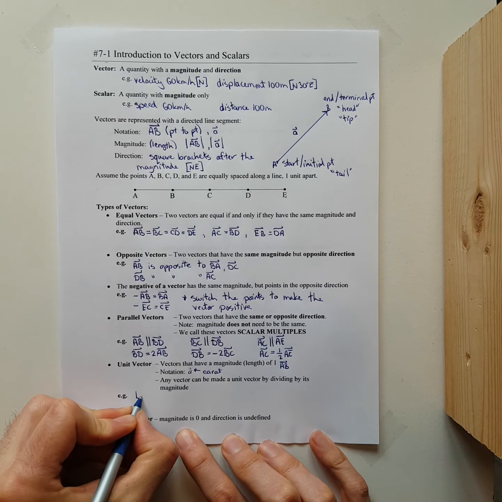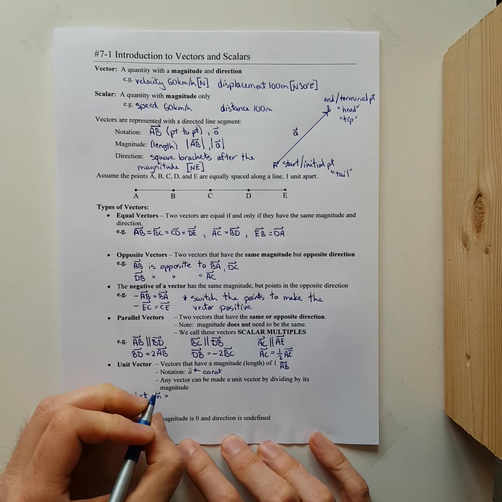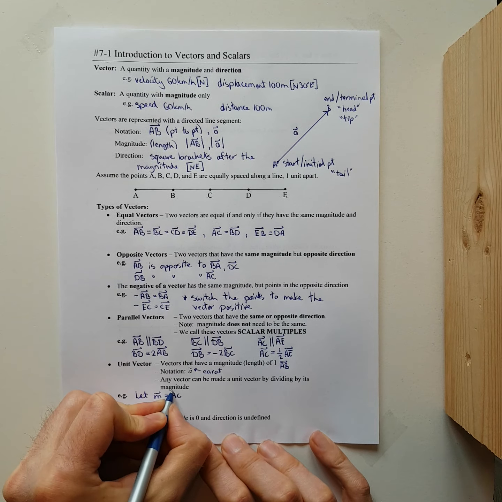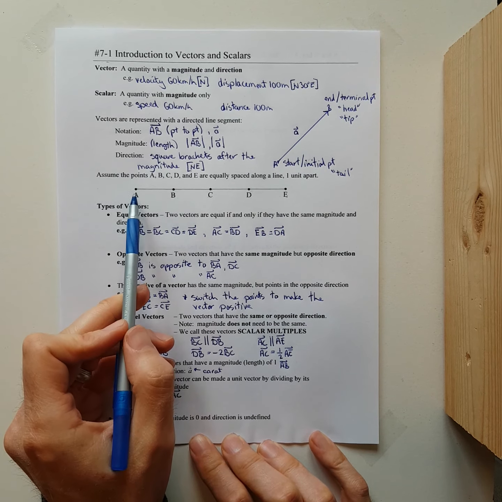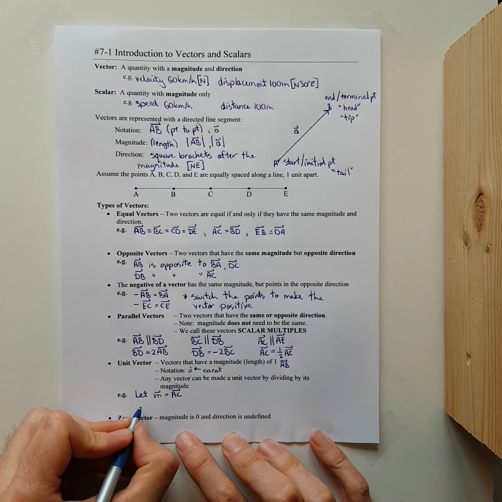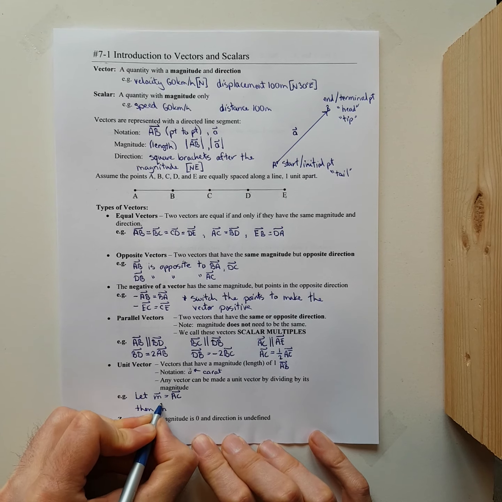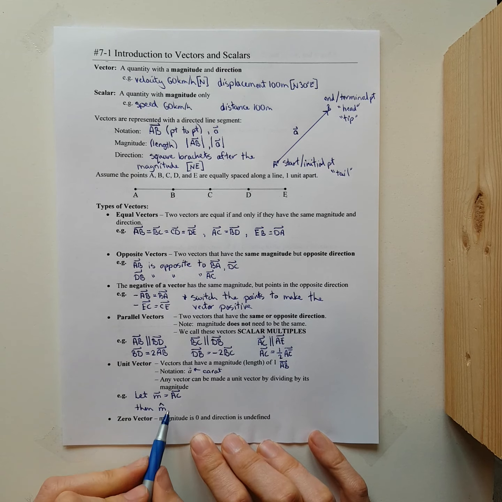So for example, to demonstrate this, I'll say let vector M be equivalent to AC. And if we go to our diagram, we see that AC is 2 units long. If I want to create a unit vector, then I would say unit vector M, and that's how we would read this.